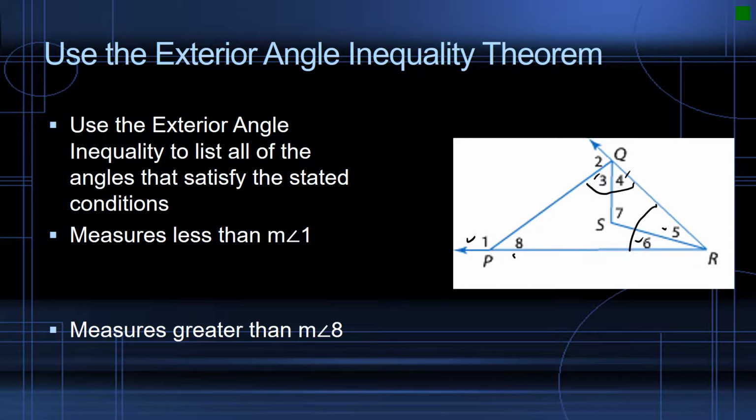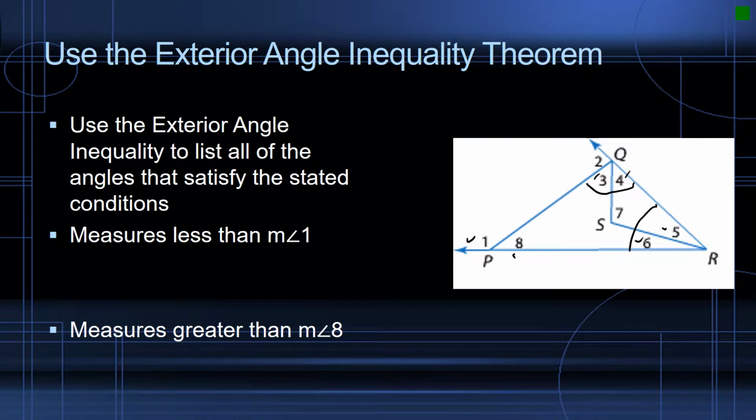Makes sense. If both of the remote angles added together is going to equal the exterior angle, then any single remote angle has got to be less than the exterior angle, or the exterior angle has got to be greater than a single remote angle. Makes perfect sense when you think about it. And I'm convinced more and more that geometry is a lot about critical thinking.